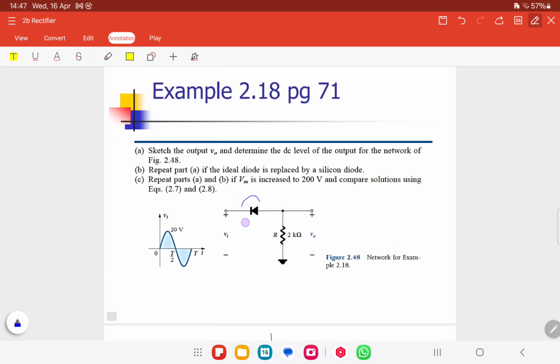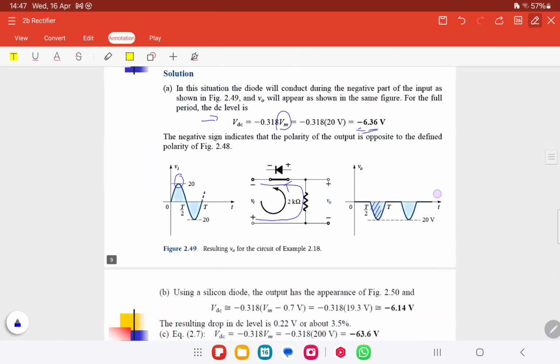For this circuit, the diode is like that. In the first one earlier, the diode was like this. So if this one gets a positive value, this one will get a negative value, meaning the negative cycle. This one is the positive cycle. The circuit is roughly the same, only the polarity of the diode is different.